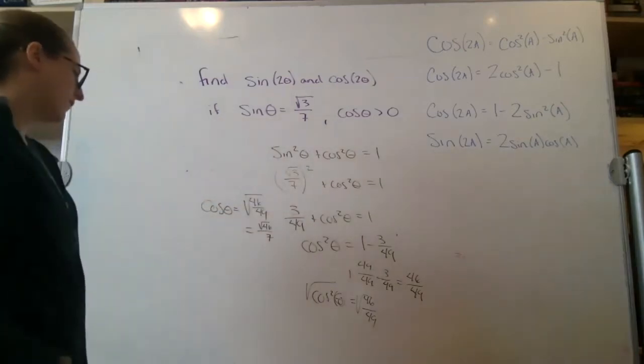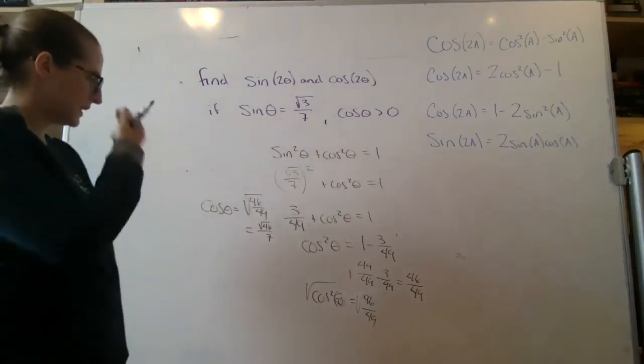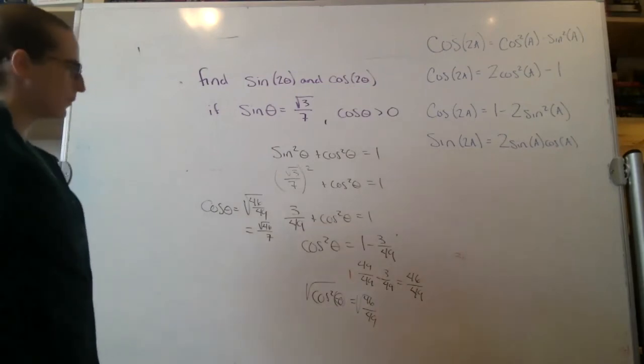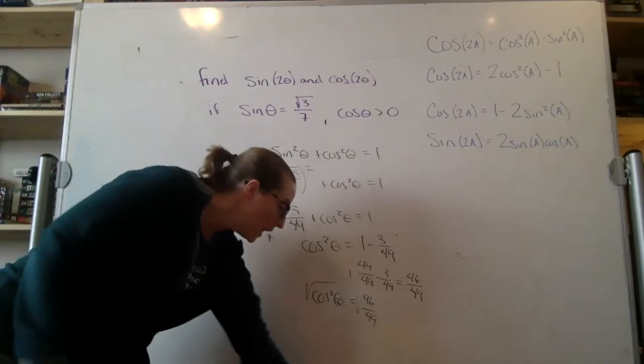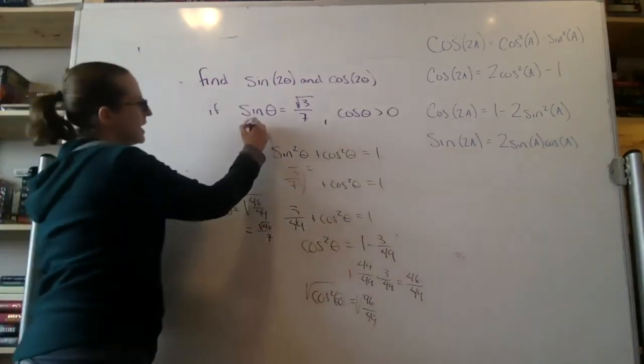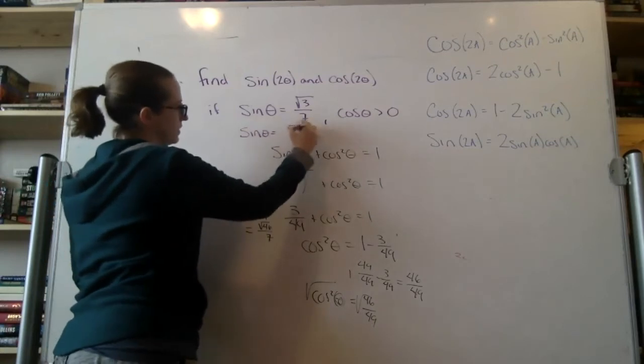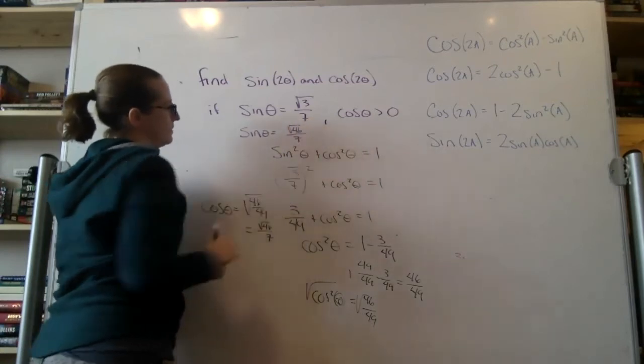Real quick, thinking about 46, does the square root of 46 simplify? 46 is 2 times 23. No, it does not. Okay, so now we know that our cosine of theta is equal to the square root of 46 over 7. Okay.